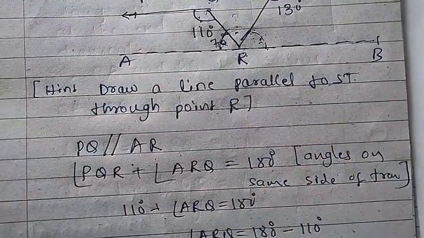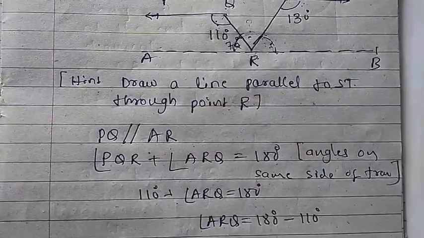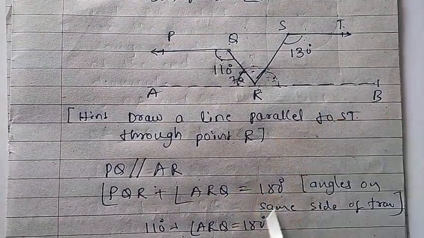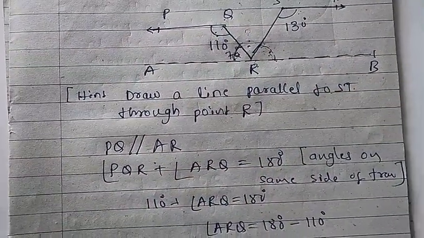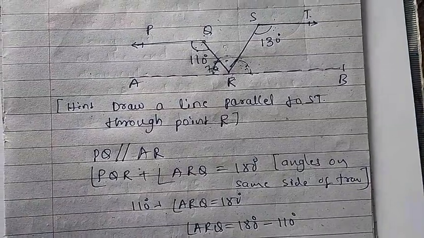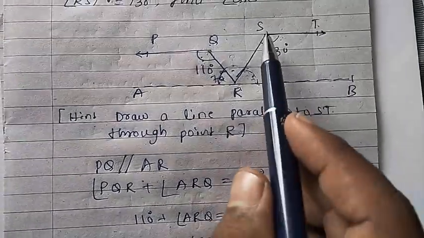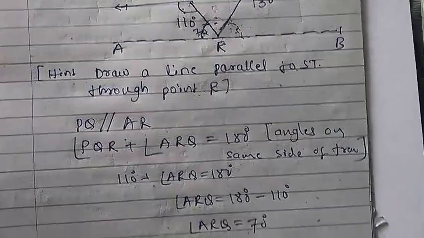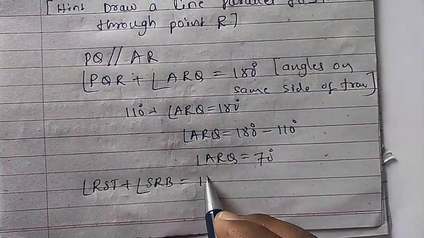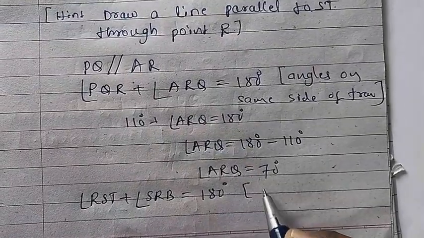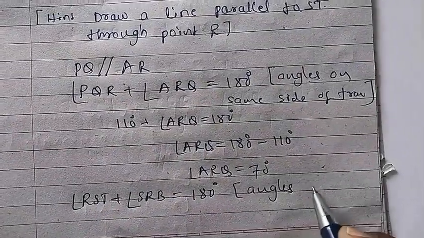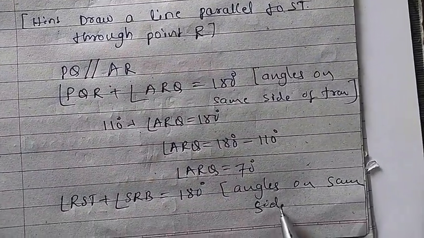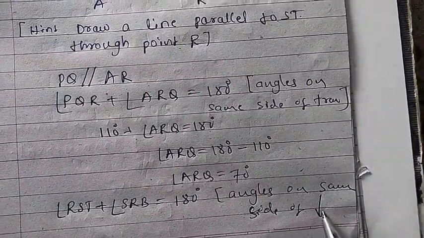So again angle RST plus angle SRB is equal to 180 degrees, because angles on the same side of the transversal.